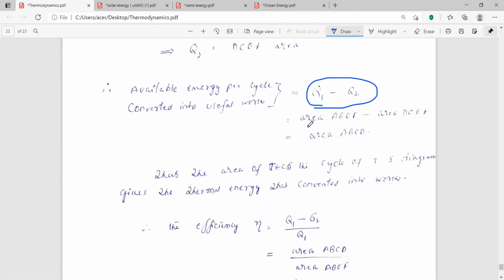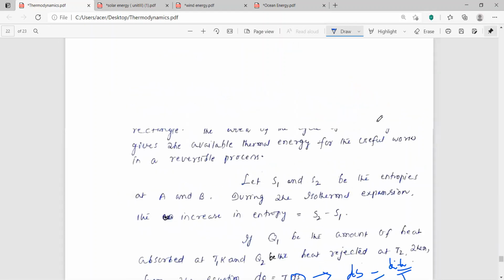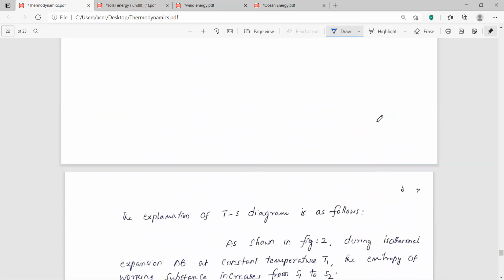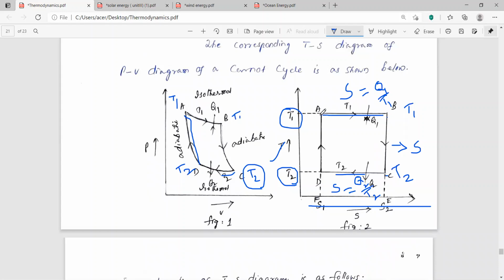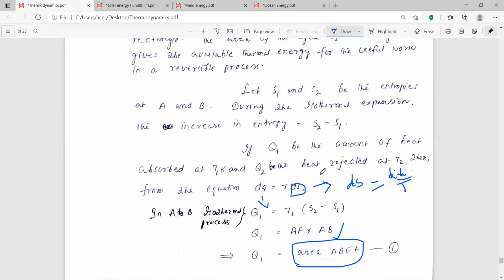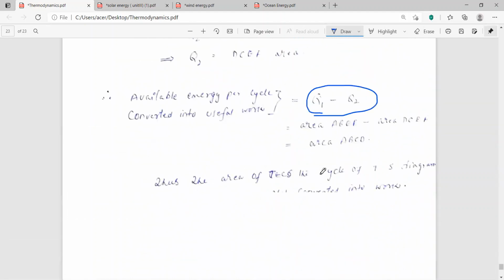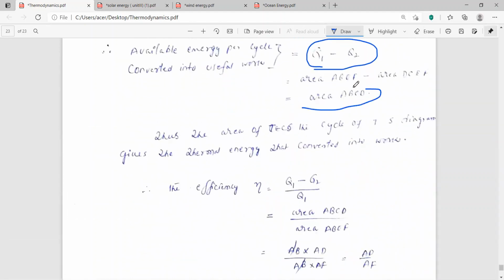So what is Q1? The area of ABEF. What is Q2? The area of DCEF. So if you subtract DCEF from ABEF, you see from the figure, we get the area of ABCD.